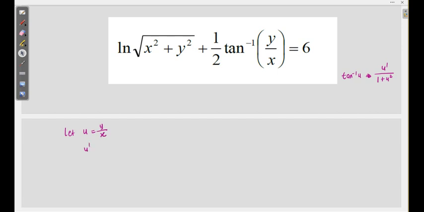That means the derivative of u would be x squared in the denominator, and then x times the derivative of y, which is y prime, minus the top part times the derivative of the bottom part. So you have x times y prime minus y all over x squared.